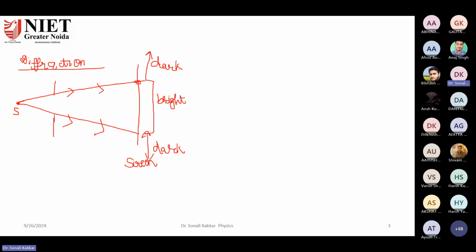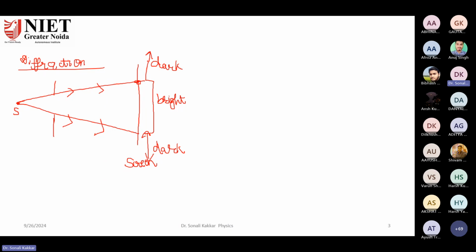But can the light bulb which is placed in one room shine in the other room? Can it make the other room bright? No. Why? Have you ever thought about this? If you place an obstacle or any object in the path of light, on the other side of that object there will be darkness. But in case of sound, if you close the door, still sound waves will reach you.